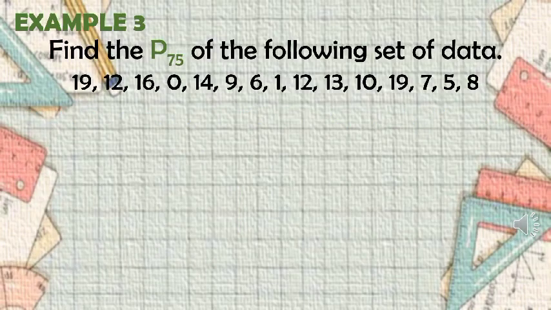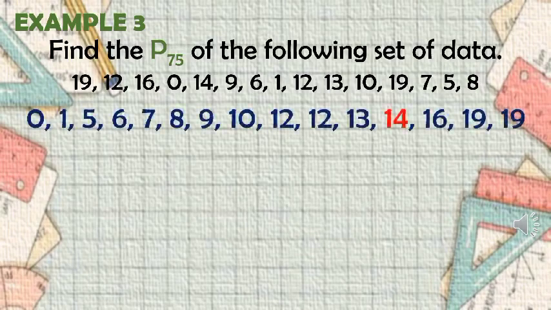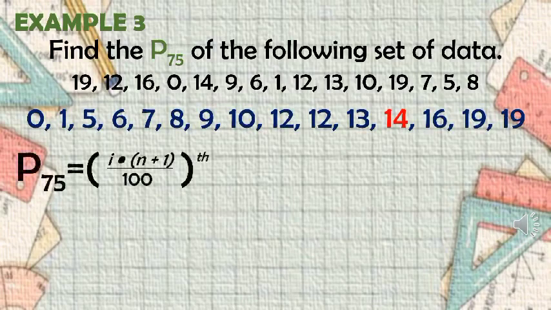So let's have another example. Let us find the percentile 75. So again, do not forget to arrange the data into ascending order. This is the formula. So we are looking for P75, Ri is 75.